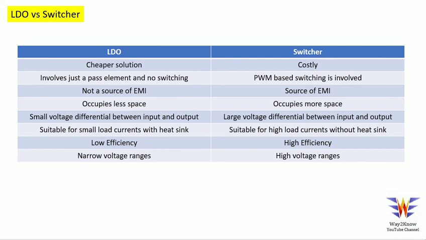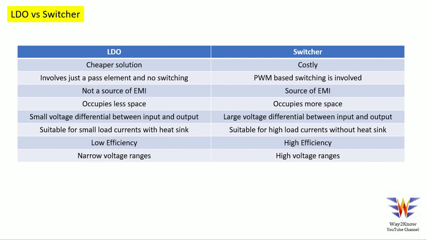So as the voltage differential between input and output increases, the power dissipated in the series pass element increases, because they are directly related.